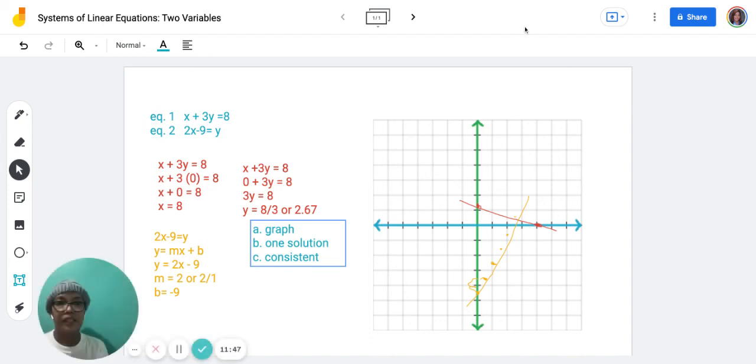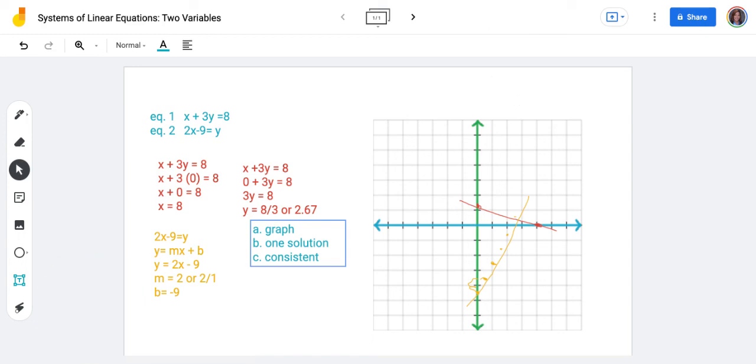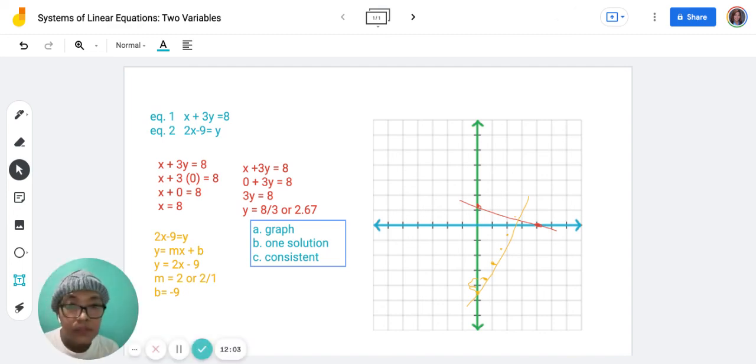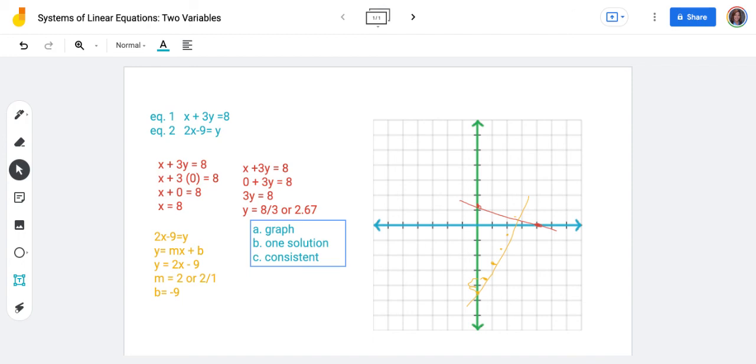Okay, so that's our first equation. So let's try solving some problems.